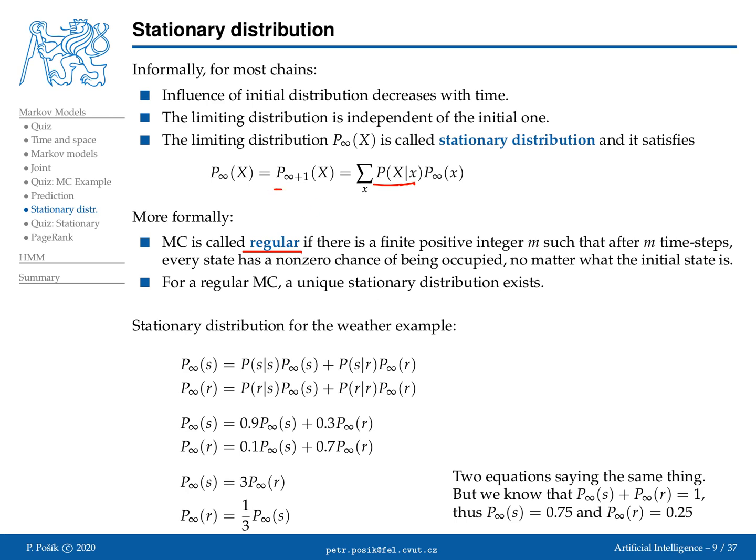So this part defines a set of equations that can be, for our example, described like this. And if you put there the values from the transition model, then you can basically derive two equations that are not independent of each other, because one describes the same thing as the previous one. But if you solve it, then you will get basically the stationary distribution for our case.